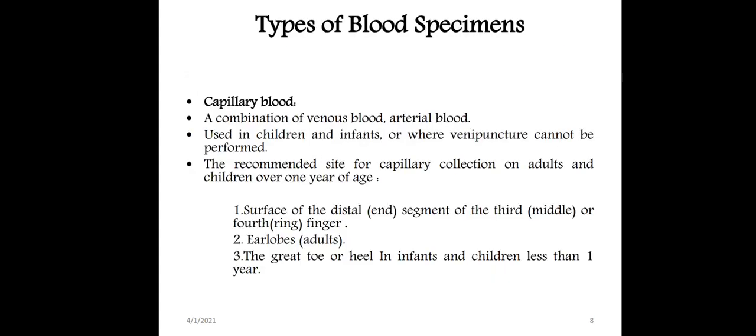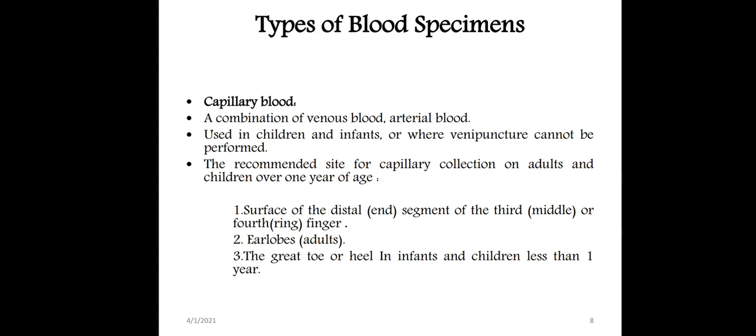Type of blood specimen. We have capillary blood or venous blood. Also we can collect arterial blood, and this is mainly used for blood pH or ABG profile.